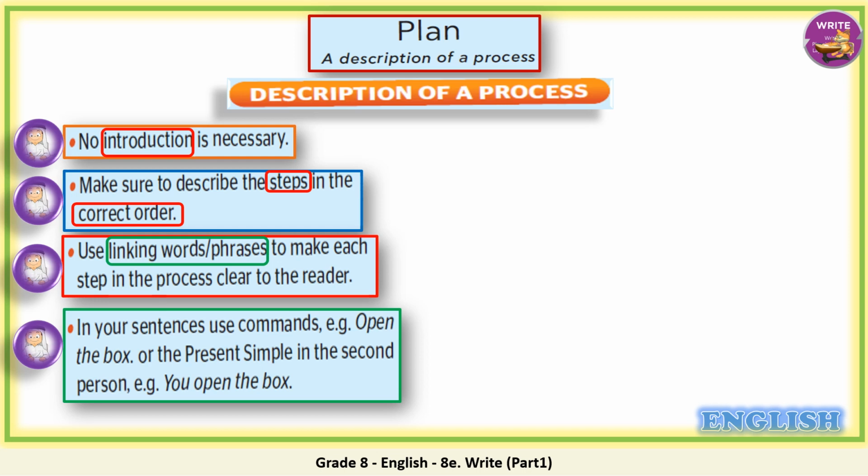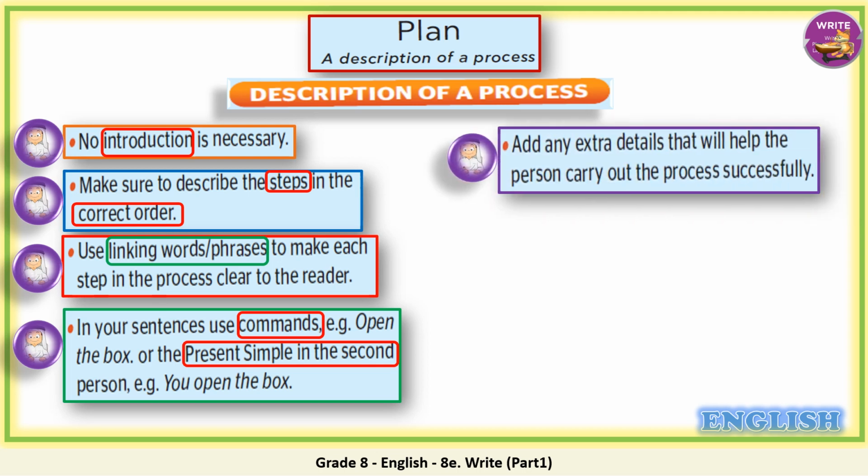In your sentences, use commands. Like what? Open the box. Or you can use the present simple in the second person. Like what? You open the box. Add any extra details that will help the person carry out the process successfully.